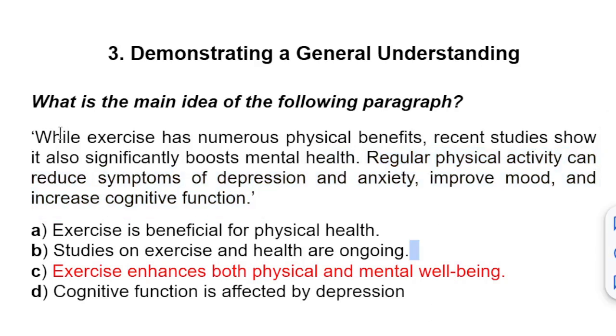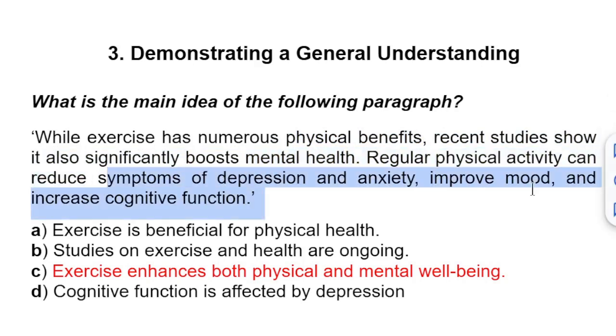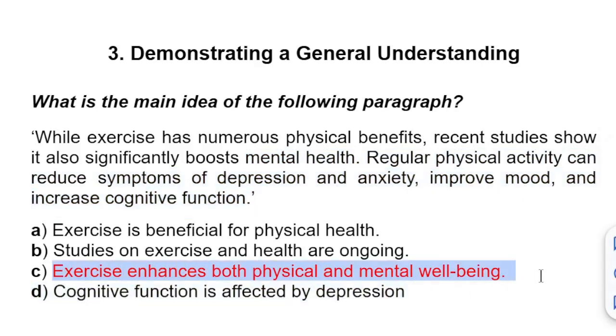The point is made here. Exercise has benefits for the body, but it also has benefits for the mind. And this is an example of that, how exercise improves you mentally. So the answer for this is C. Exercise enhances both physical and mental well-being.